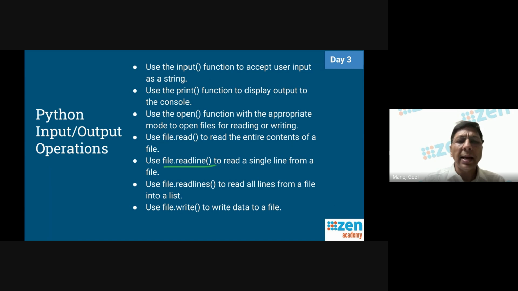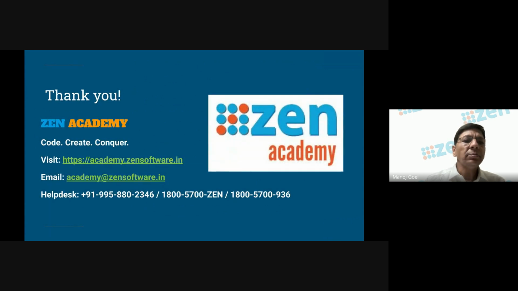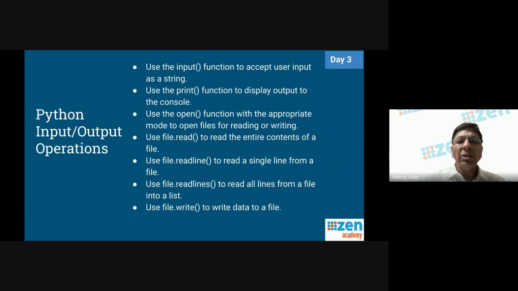If you say file.readlines, then you read all the lines from the file into a list. And this is file.write: when we want to write back to a file, we use the file.write method. So this is our today's agenda. Right now it was just an overview of input output operations and the strings.